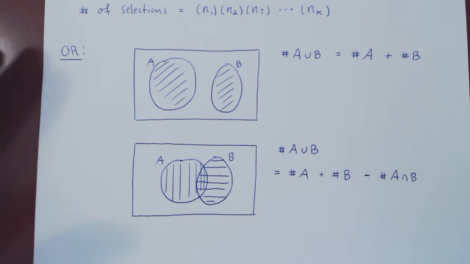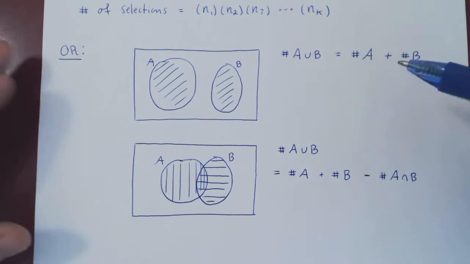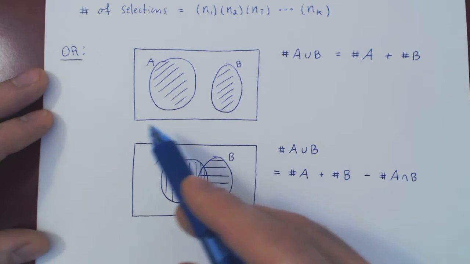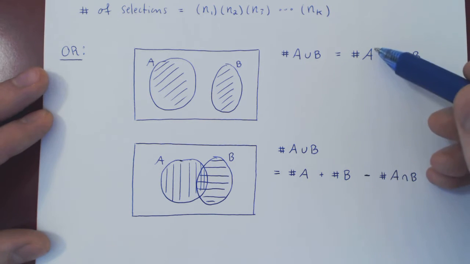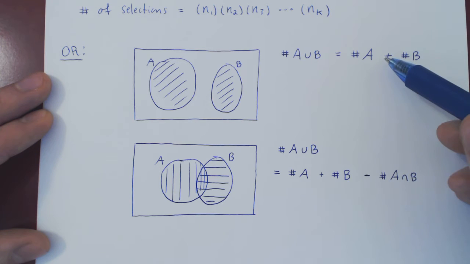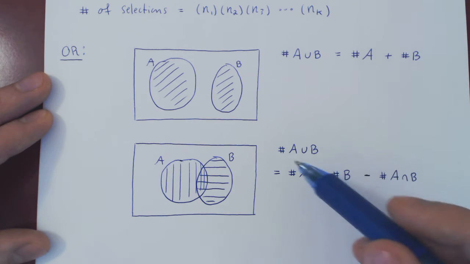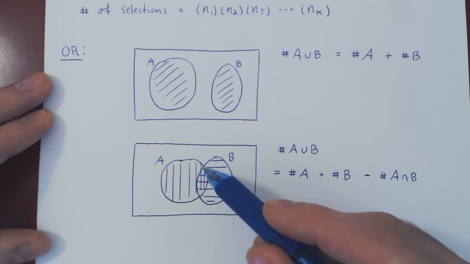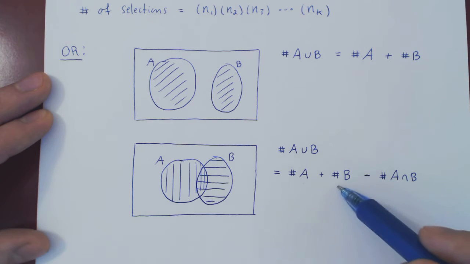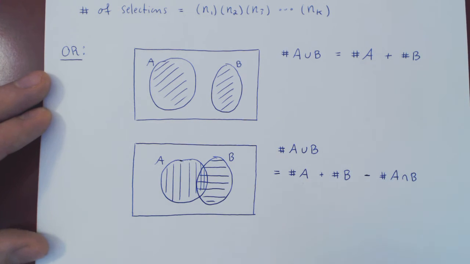And that's it. So the lesson here is when you say or, you mean a partition of your counting, which means an addition. Except just be careful that when you're adding the union of two sets and there is an overlap, you must remove the intersection.